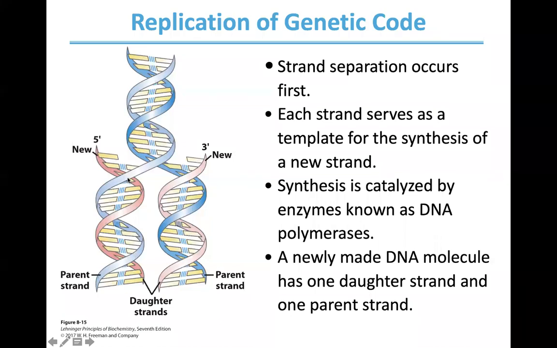The new strand is shown here. It's a daughter strand, and it's being synthesized downward. Here on the right-hand side, the new strand is coming from the bottom and is immediately undergoing formation of the double helix with the parent strand, and it's undergoing synthesis from the 5' to the 3' direction. So this is how this is made, and this is how this is made.